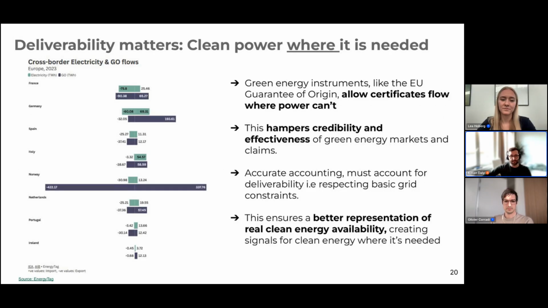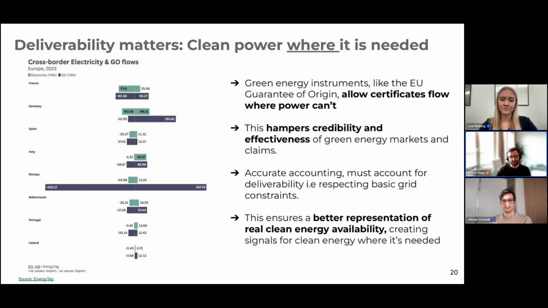And the other aspect is obviously deliverability. Today, I'll just go to the European example, but this is also similar in the US and around the world. Energy certificates, RECs, EACs, guarantees of origin, as we call them in Europe, they don't really respect the limits of the grid, right? Certificates can flow where power cannot, and that is a problem with today's accounting. It hampers credibility and the effectiveness of green energy markets.